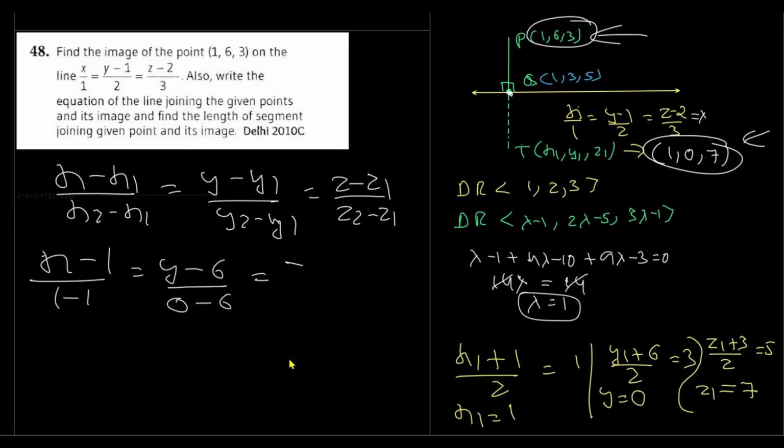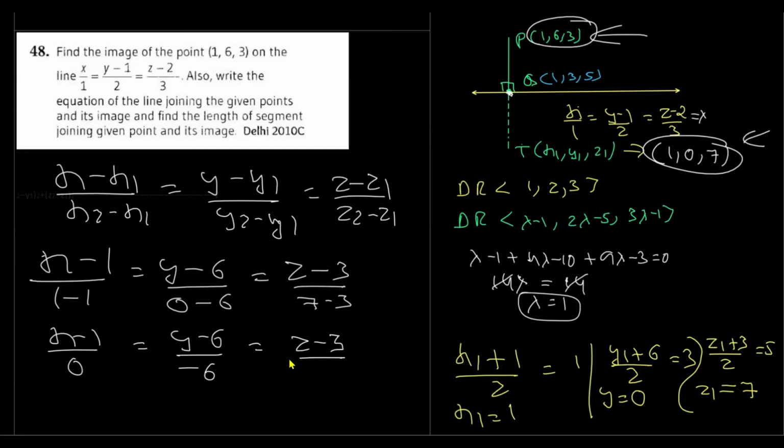And likewise, z minus z1, which is 3, as you can see, and z2 minus z1, which is 7 minus 3. So we got x minus 1 over 0 is equal to y minus 6 over minus 6, and z minus 3 over 7 minus 3, which is 4. Now check, this is what we got, the equation of the line.